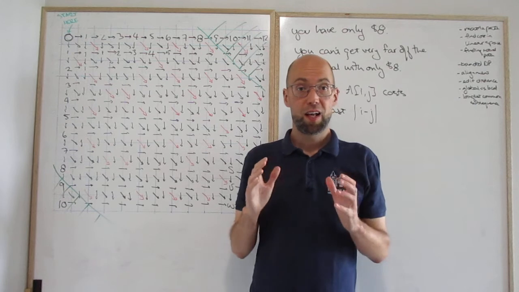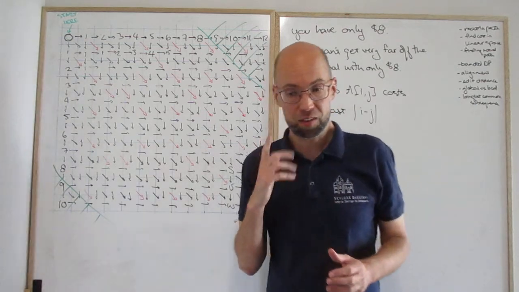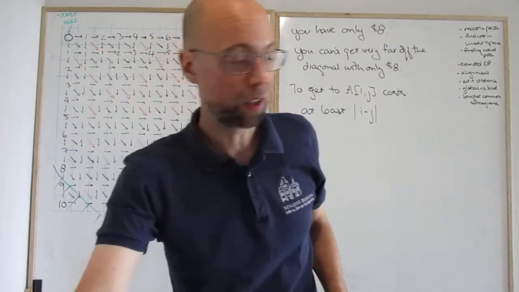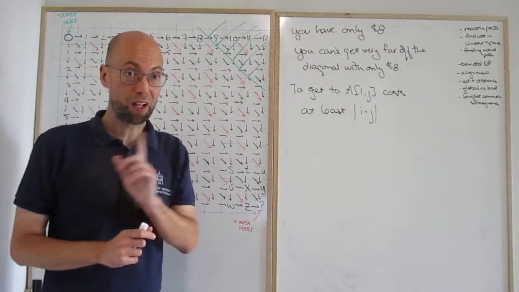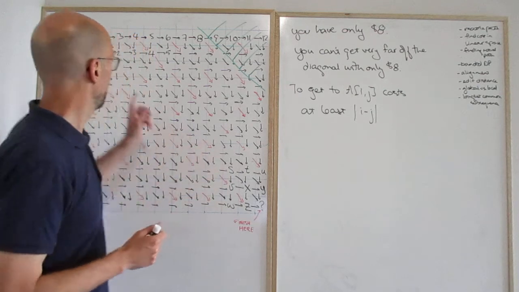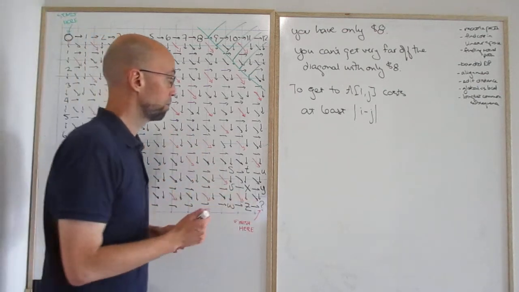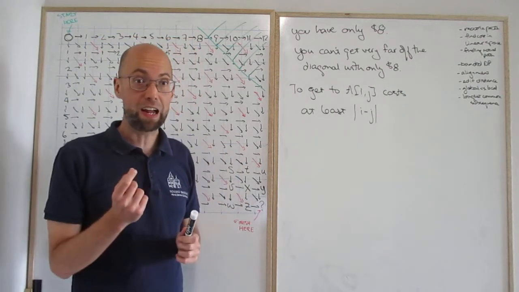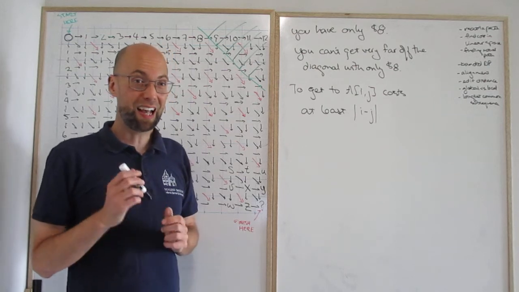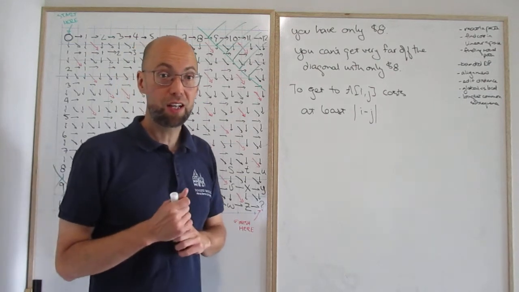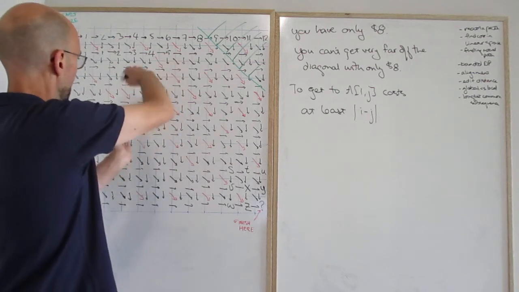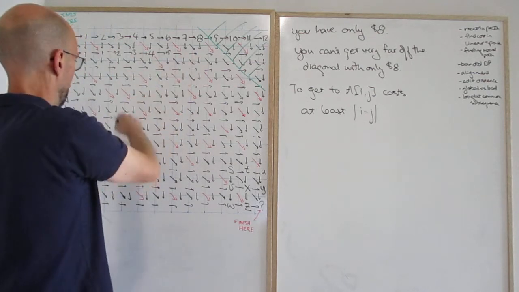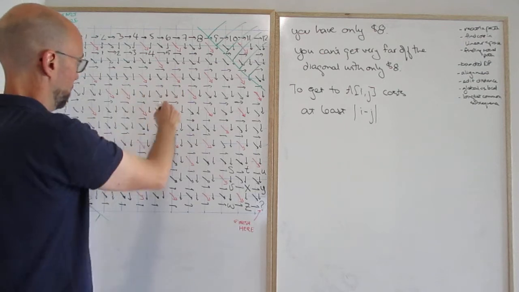So in general, if somebody says, okay, I want you to figure out the cost of going from here to here on a budget of K, then the band is going to be of width about K. It's like K up and K this way, right?